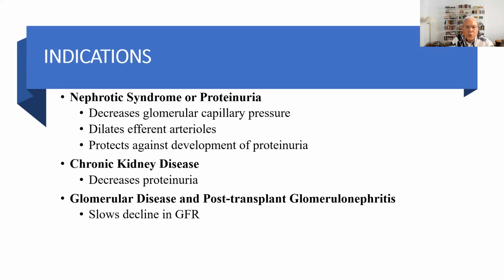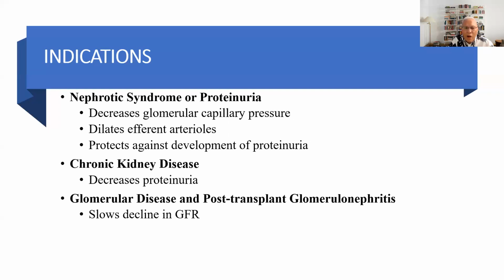Other indications would be nephrotic syndrome or proteinuria. This is because it decreases the glomerular capillary pressure by dilating the efferent arterioles of the kidneys, and therefore this is going to be very useful for them.